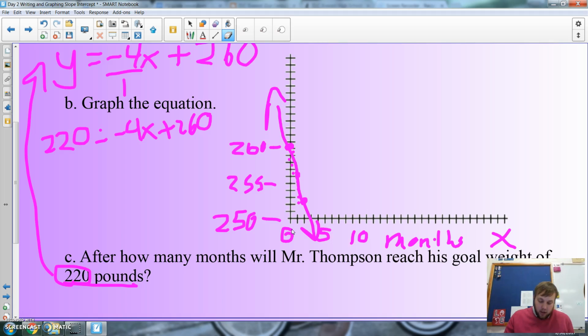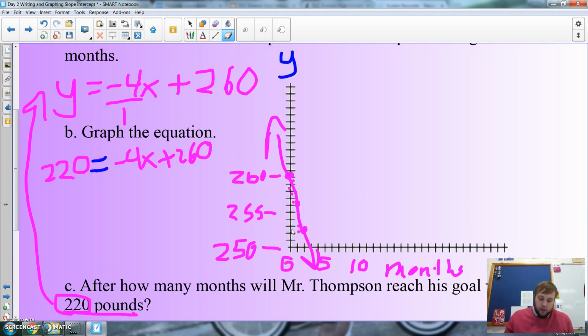Now, I'm going to change color here for a second. So, that's an equal sign, by the way. 220, because that is my weight. And remember, weight is my y. Weight is y. So I'm going to minus 260.